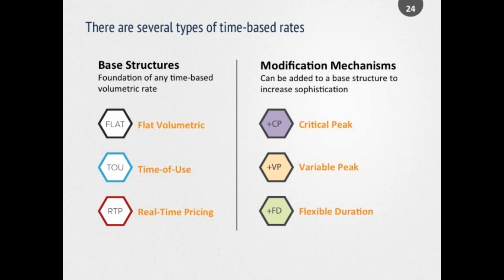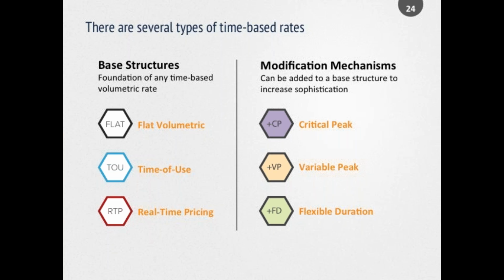Now, time-based rates come in all different flavors. At their core, they're built upon one of three base structures. The flat volumetric rate is the vanilla base structure, with time of use and real-time pricing being the more complex options. To increase rate sophistication, utilities have often included other modifications without moving to a more complex base structure.